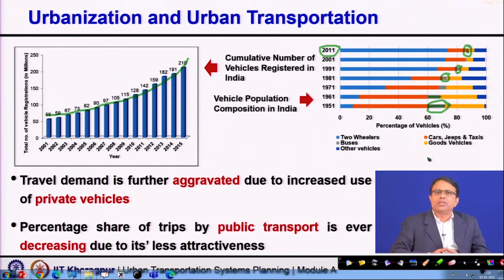I have said here in terms of percentage of vehicles, the percentage of buses in the overall vehicle population is showing a declining trend. The same thing is true even for the share of trips made by public transport, both in terms of percentage of vehicles and percentage of trips shared by public transport, in both cases there is a declining trend.